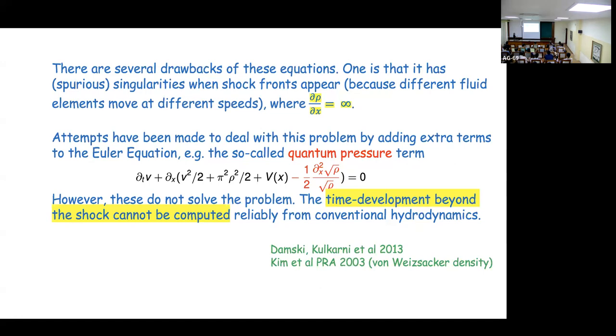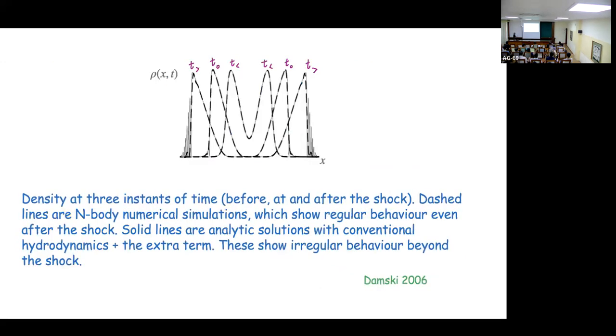The time development beyond the shock cannot be computed, and let me show you some things. Here, T less is the time. I'm showing here the fluid profile. At T less, the fluid profile is like this, this M-shaped region. It's all nice. At T equal to T0, it starts becoming vertical, so del rho del x becomes infinite.